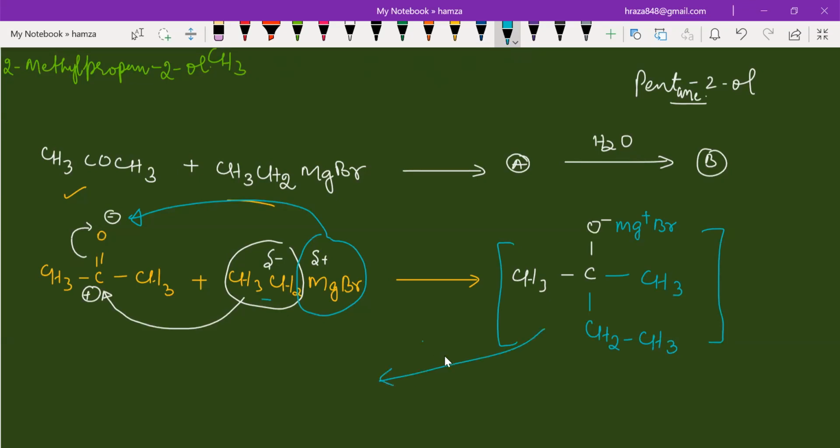And now we are going to do hydrolysis. That means addition of water, H plus and OH minus. So this positive will go to this negative.